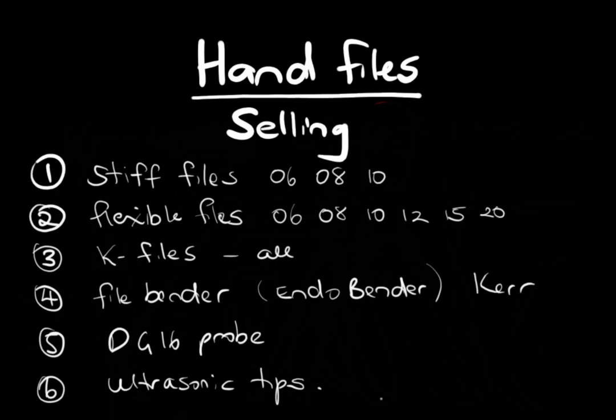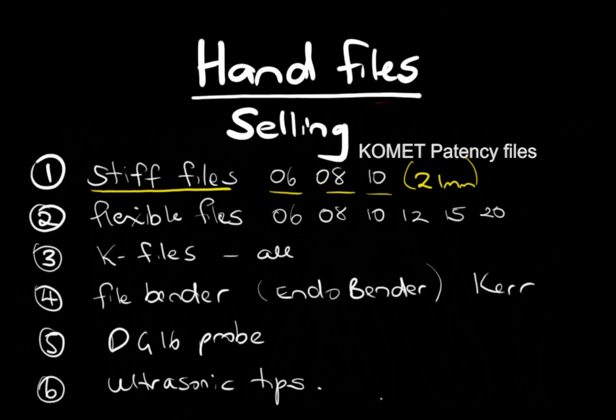But when it comes to selling files, you should always explain about stiff heat-treated small files in the 6, 8, and 10 sizes. And please make sure that you sell 21 millimeter in this length, because if they're any longer, the stiff files become too wobbly anyway. So those are the Comet patency files.